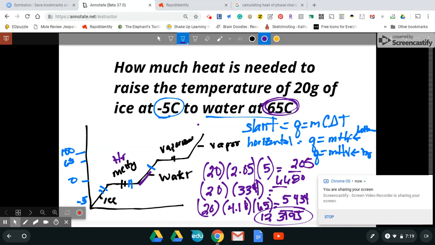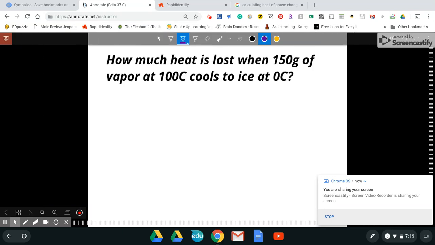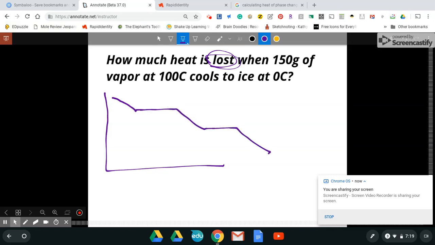All right, let's look at another one. So how much heat is lost? So when you see the word lost, you know that you're going down, you're cooling. So when you do your phase change graph, you're starting here at the top. Okay, you're cooling. All right, so this is still vapor.